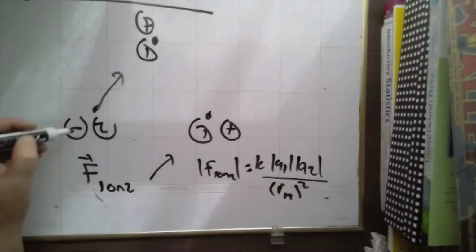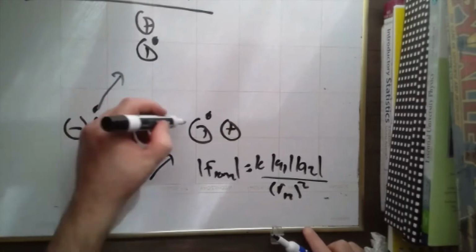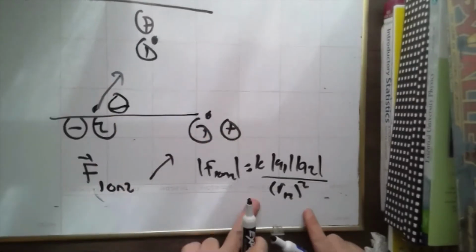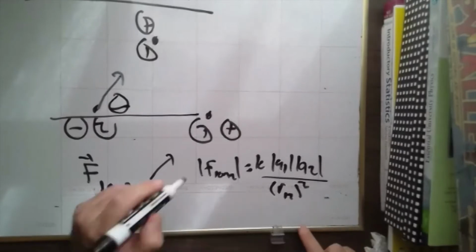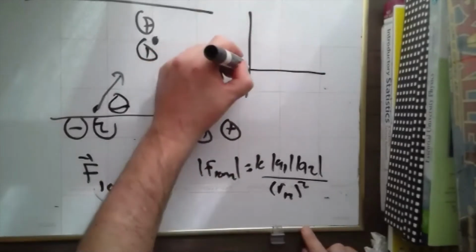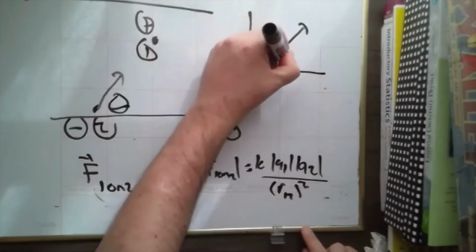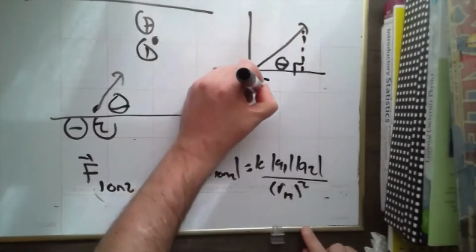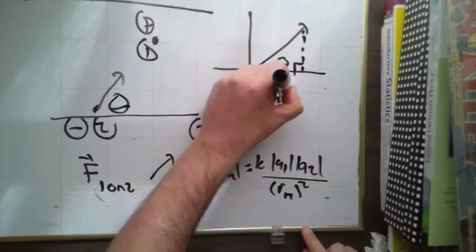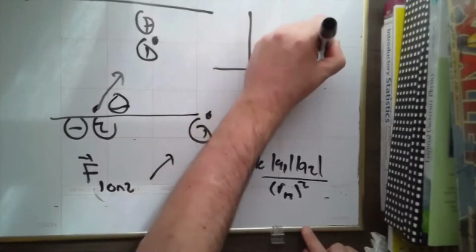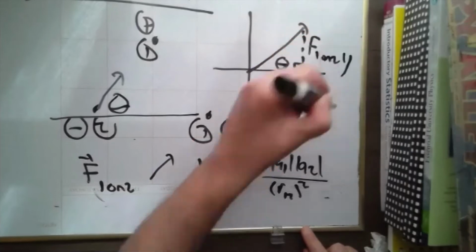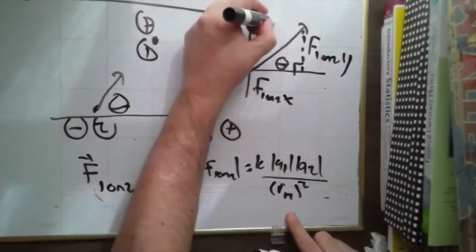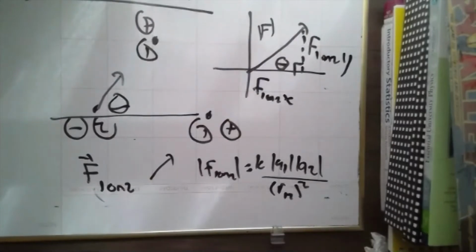If I wanted to write this guy as a vector, I would have to find this angle here, theta, and I know the magnitude. So I've got some vector that points up at some angle theta. I want to break that into components. Here would be 1 onto x, there would be the y component, and this would be the magnitude, the hypotenuse.